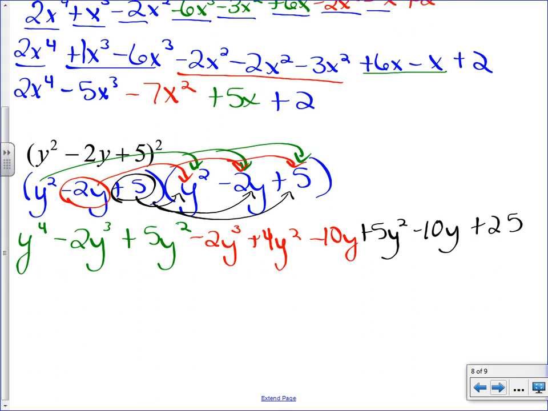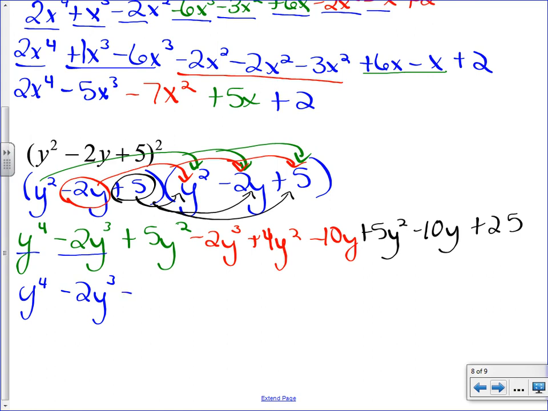Okay, Sarah, next I have to group my like terms together. So I'm going to start off with y to the 4th, good, minus 2y cubed plus, is that 5y cubed or squared? Squared. That's squared.